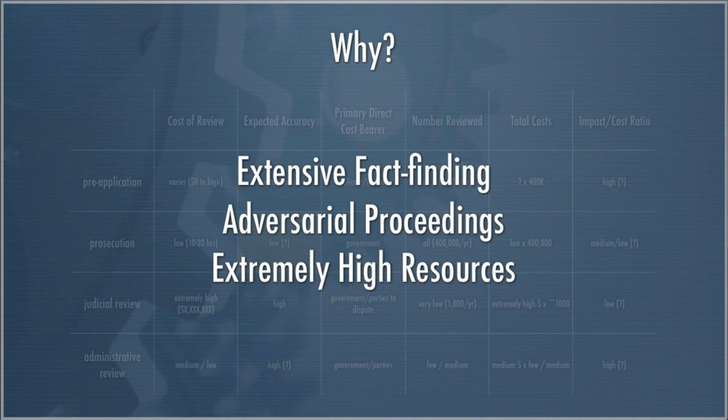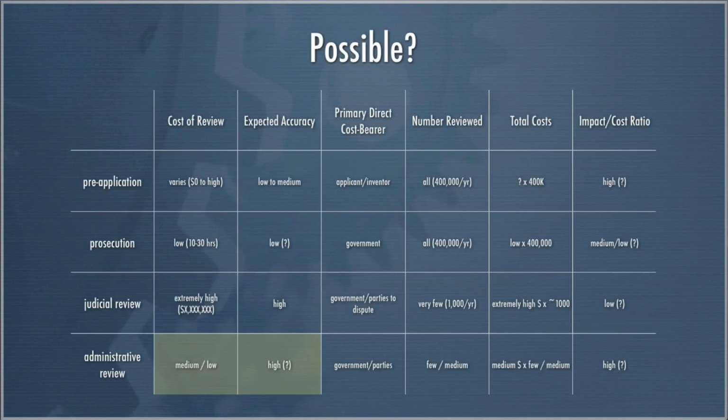I mean, I think that in most cases at the end of the day, the courts are going to get this right. It may take an appeal to the Federal Circuit to do so, but it will likely get it right. So that's something to consider, but the costs are so high. This is why you get accuracy, because the amount of money that gets spent is just tremendously more than any other type of patent review.